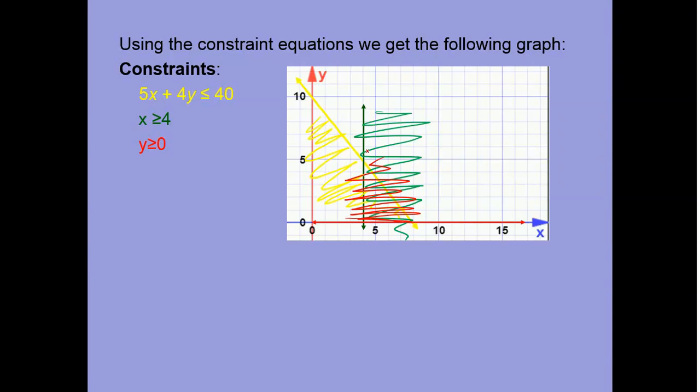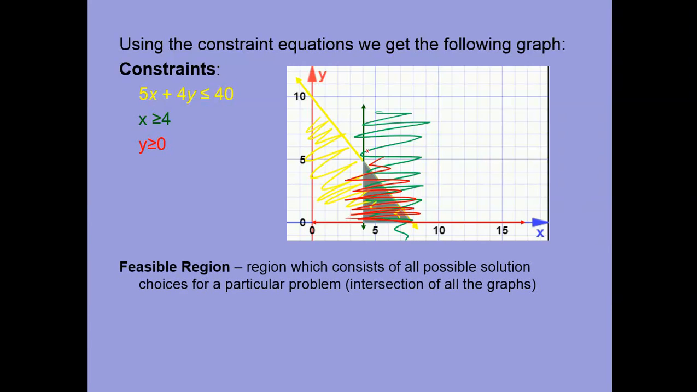Now, do you see where all 3 of them intersect? I do. It's right there on my little gray line, right? Well, that is the feasible region.